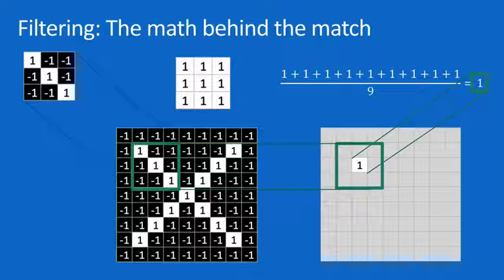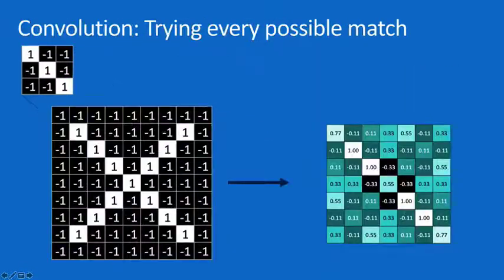Once we have that, we can repeat it and slide this filter over all possible overlaps. And so convolution is exactly that process. Convolution is the process of taking a filter or a feature, overlapping it with your image, and sliding it across, and the way you slide it also matters, which we'll get into in just a second.